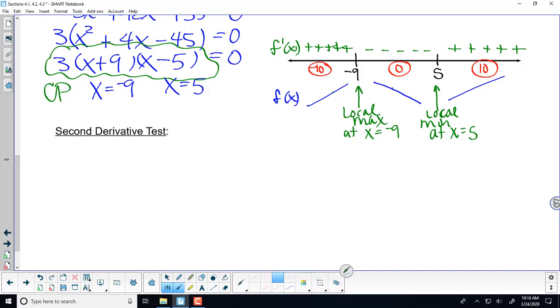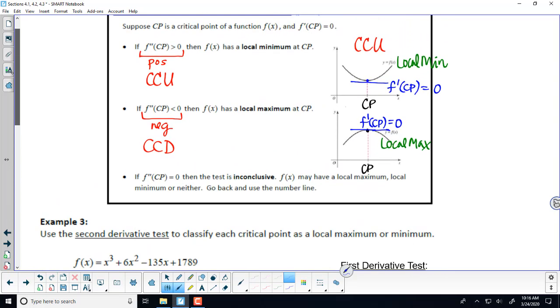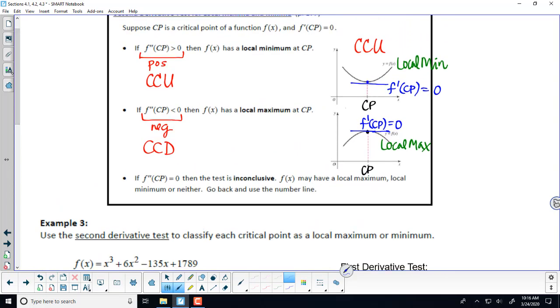The second derivative test can be used to determine local max or min if, let's go back up and review, we get a positive value or a negative value when we substitute the critical point back into the second derivative. Here's where it doesn't work. If we plug our critical point in the second derivative and get 0, the test is inconclusive.